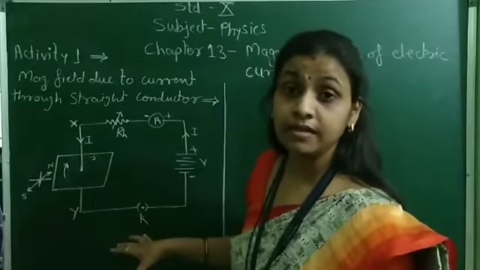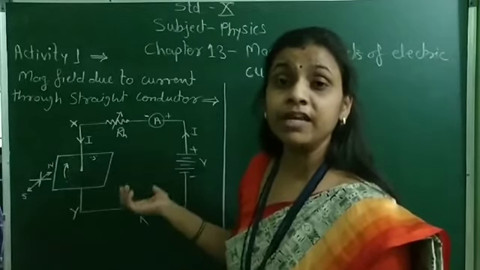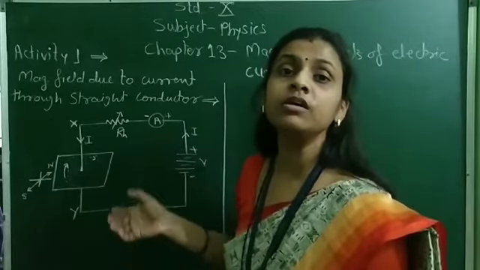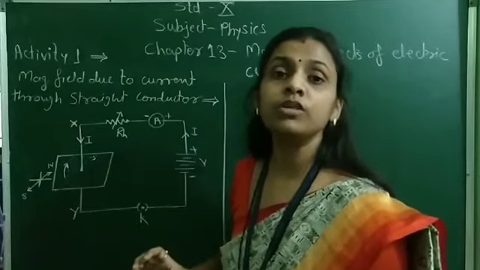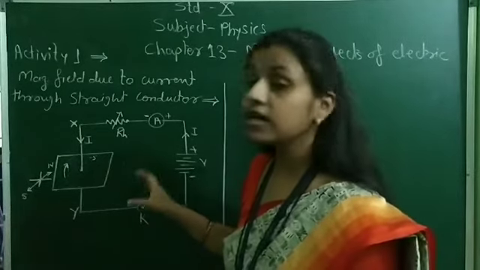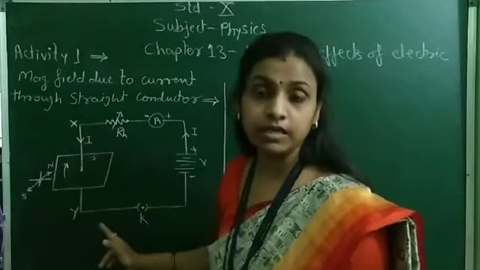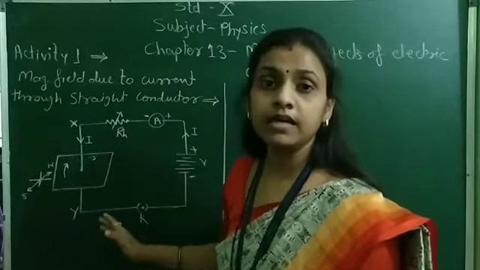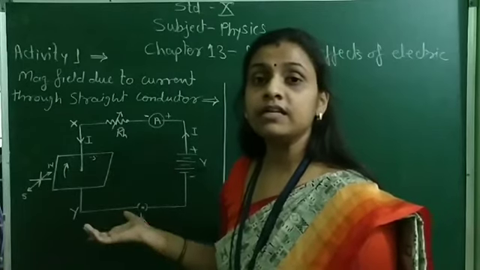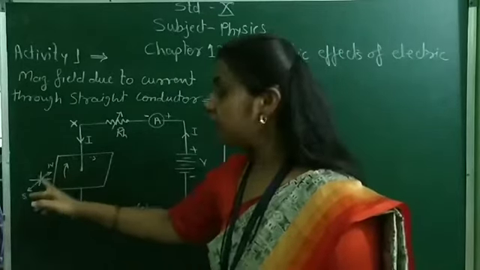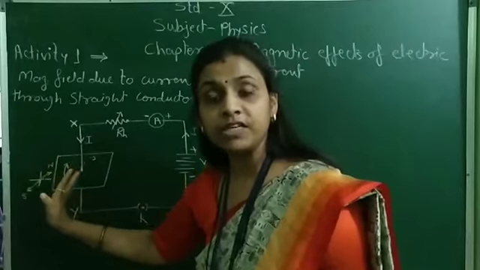It means that the magnetic field produced depends upon the current flowing through the straight copper wire, or any current carrying conductor. If we increase the current, the magnetic field increases, shown by the increasing deflection in the needle.